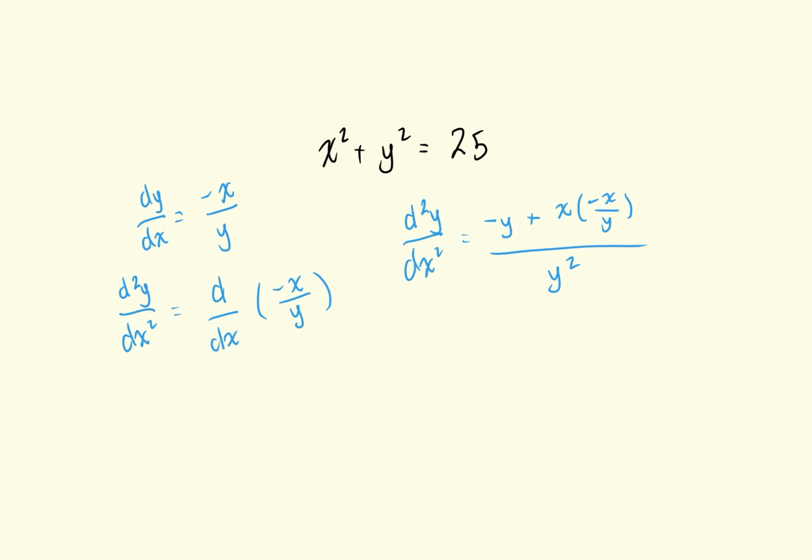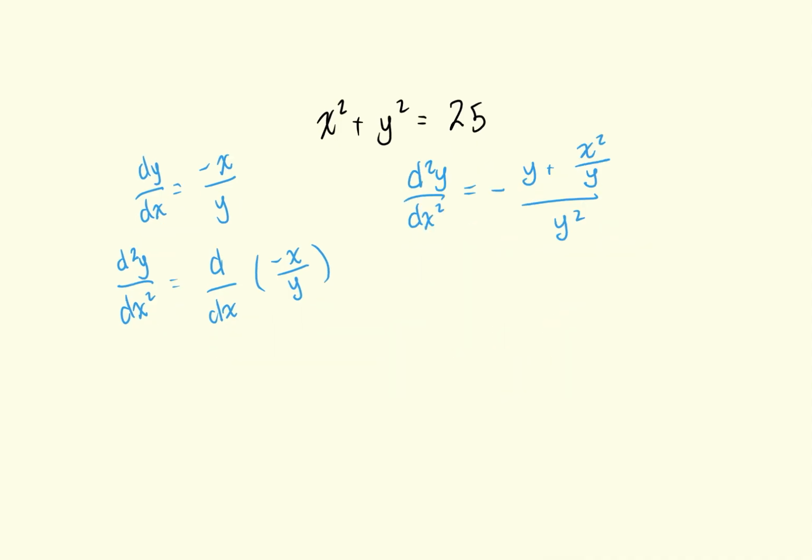We can factor out the negative 1 from both terms here to give us d squared y by dx squared equals negative times y plus x squared over y squared.